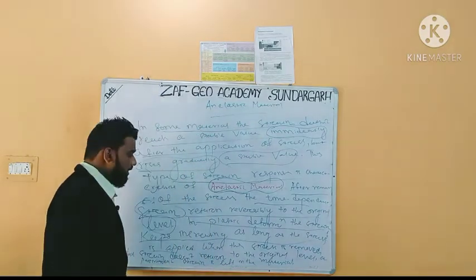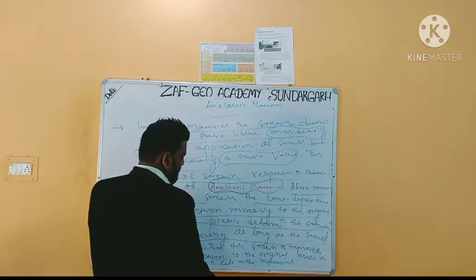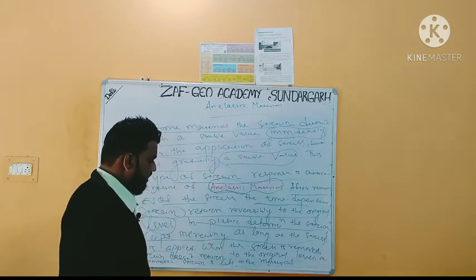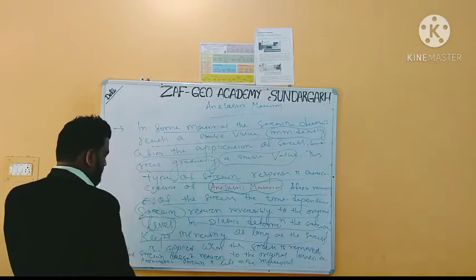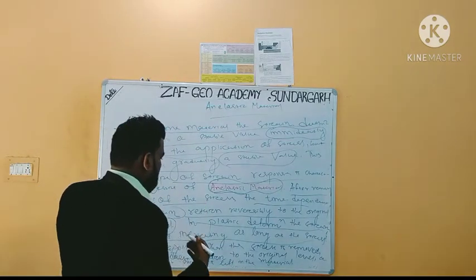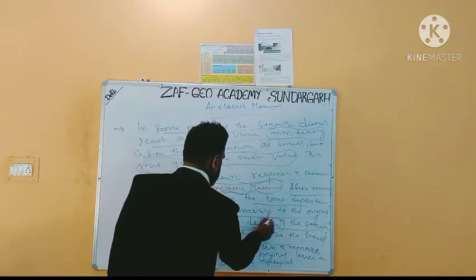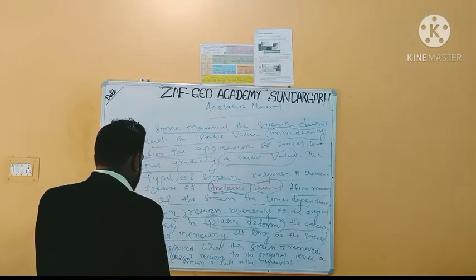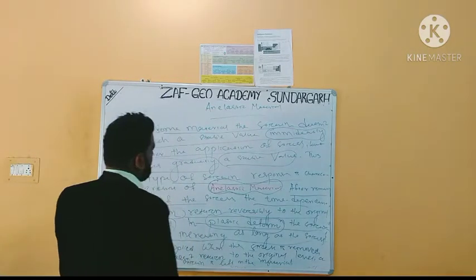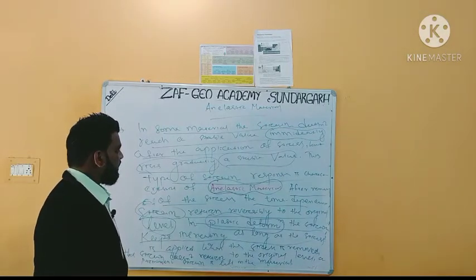I have already mentioned in this lecture that when the stress is removed, it will not recover its original position, and this is the characteristic of plastic deformation. Okay, this is plastic deformation. So this is all about elastic, inelastic and plastic material.